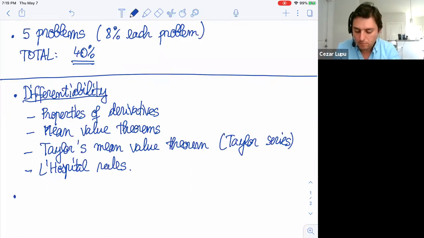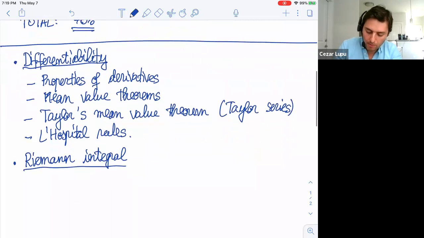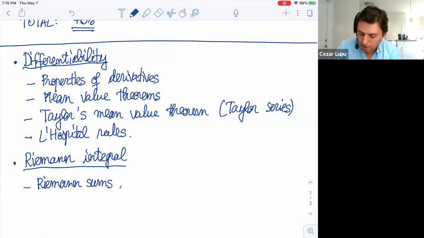Then we veered towards the Riemann integral. Here we talked about properties of the integral. Before that, we talked about Riemann sums and integrability criteria.